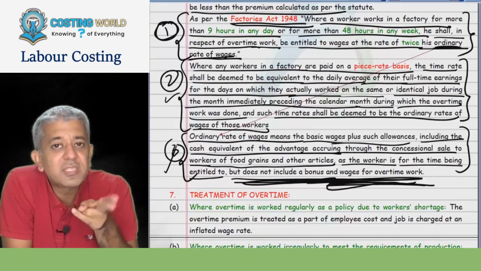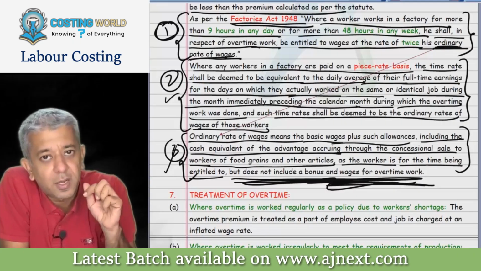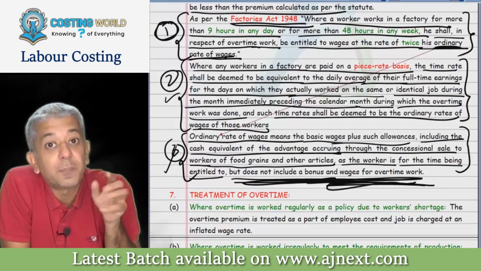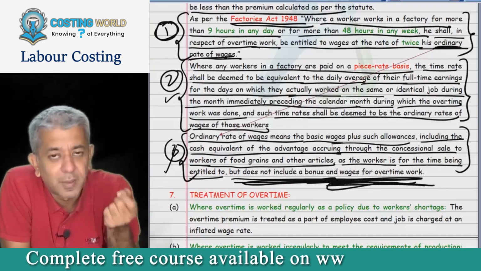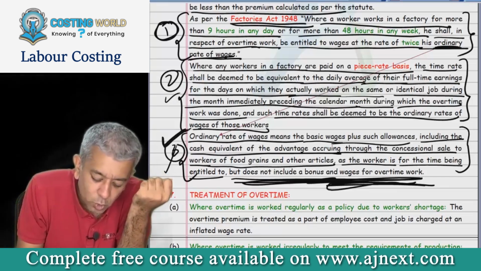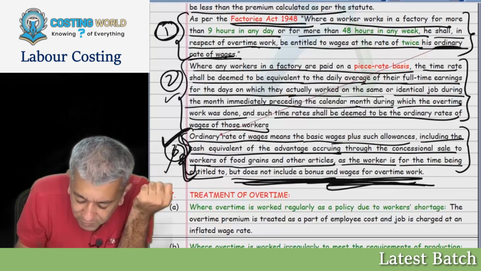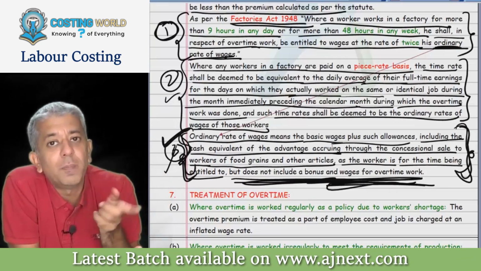Second, if he is on a piece rate system, then in that case convert piece rate into the normal rate. Normal rate means rate per hour. And how do you do that? Take the data of the previous month, compute his rate per hour, double it, and that will become the overtime rate. Apart from that, if a worker is paid on a fixed basis, then how do you compute his rate per hour?